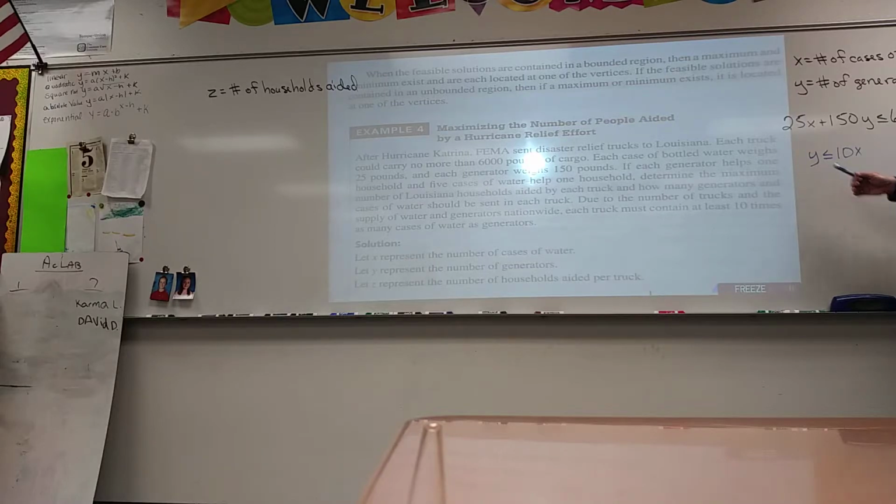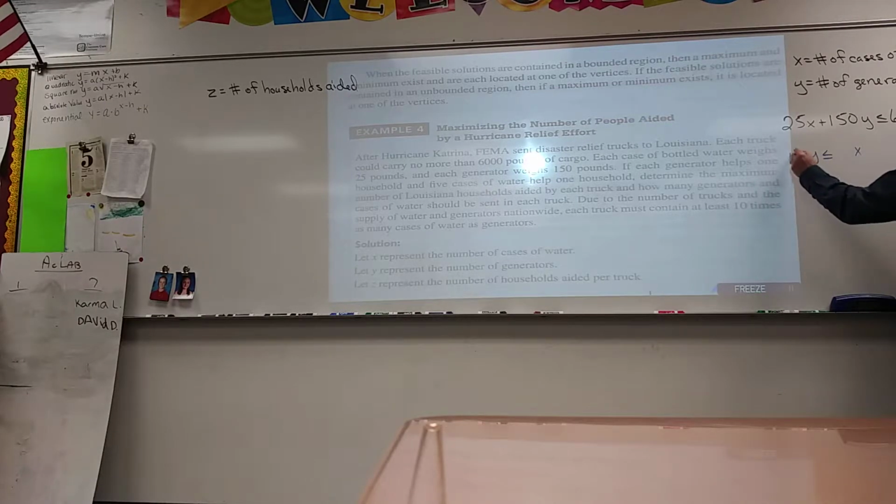No. But if we take the number of generators and multiply it by 10, will that give us the amount of water? Yes. So the 10 has to go over there. This is why we talk. Are we happy about the sign?